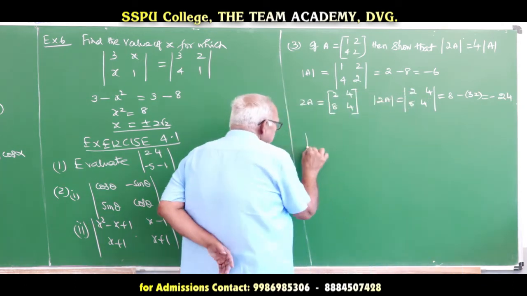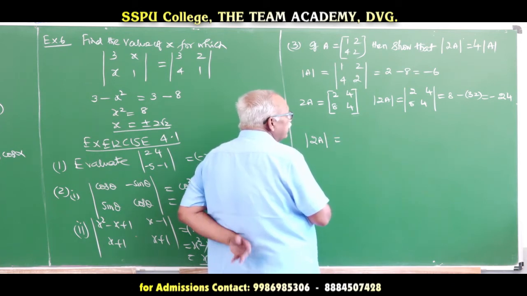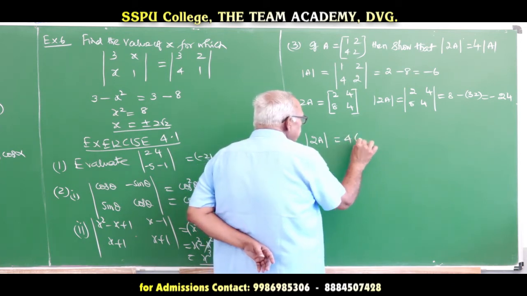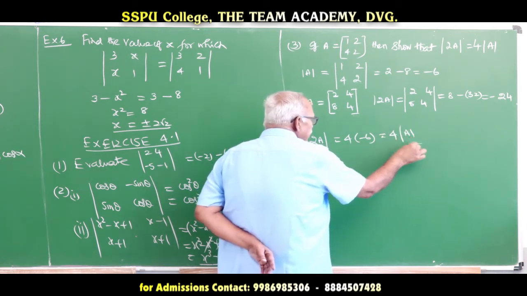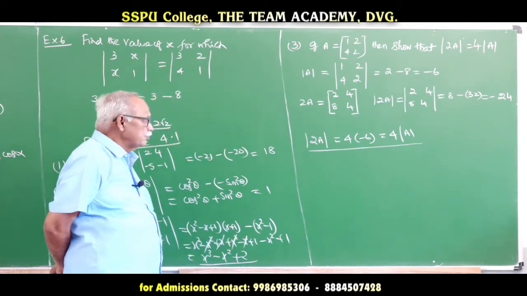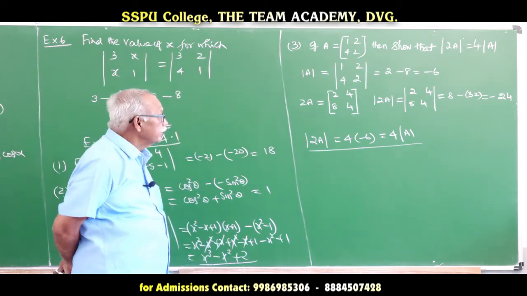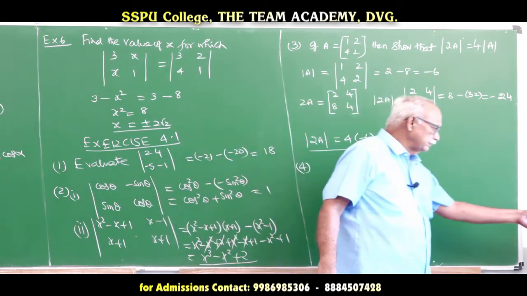So, determinant of 2A is equal to, we can write this as 4 into minus 6, 4 into determinant of A. So, this is the proof. Determinant of 2A is equal to 4 into minus 6, 4 into determinant of A. Let us take another question here.